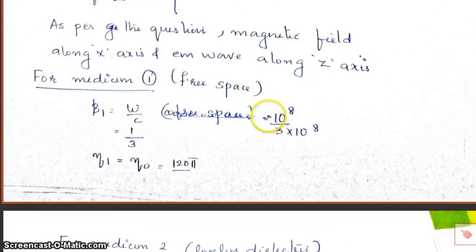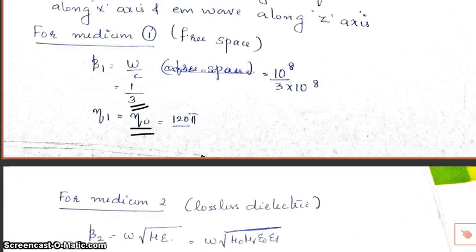So 10 raised to 8, and c is 3 into 10 raised to 8, so we will get 1 by 3. Then we have to find out the intrinsic impedance of the first medium, eta 1, which is equal to 120 pi, because you know the intrinsic impedance of free space is 120 pi, and usually it is noted using eta naught. So the intrinsic impedance of our first medium is 120 pi, which is equal to eta naught.